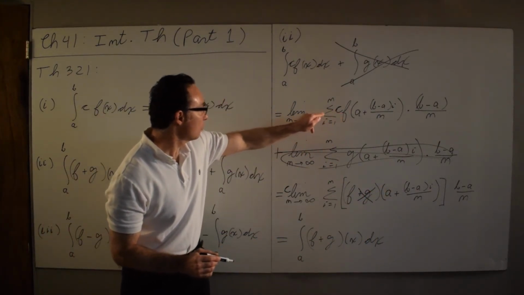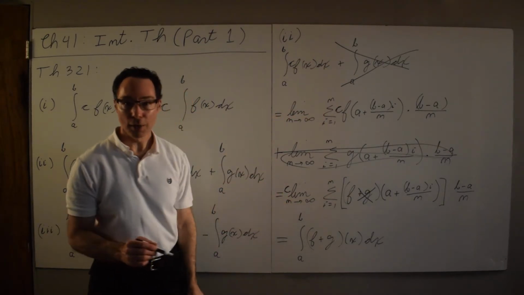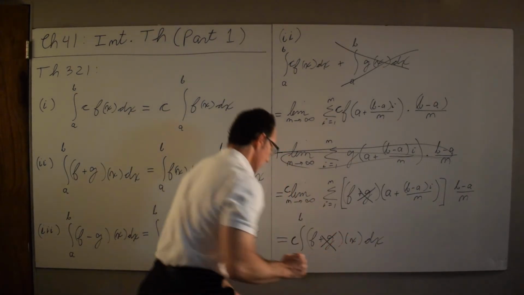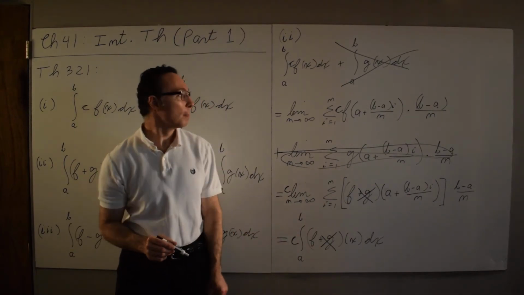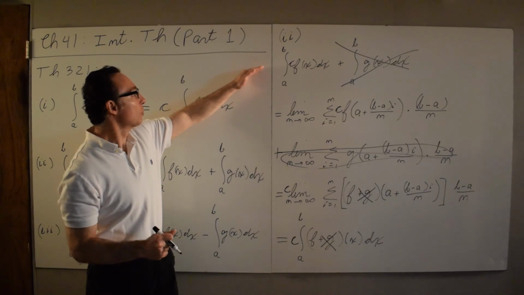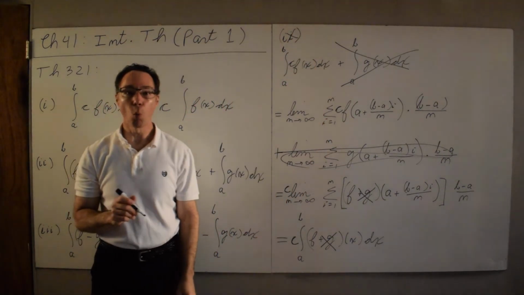Again, the c factors outside the sum, then the c factors outside the limit, and then what does that make? That makes c times the integral of f of x dx, and we're scratching out g. All I'm doing is slightly modifying the proof of part 2 to give you the proof of part 1.